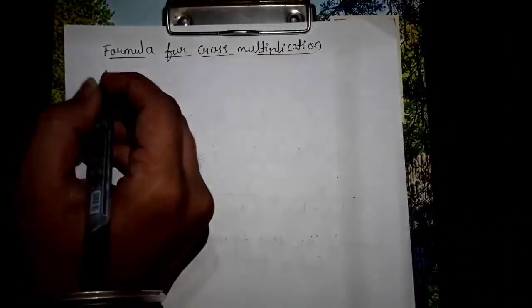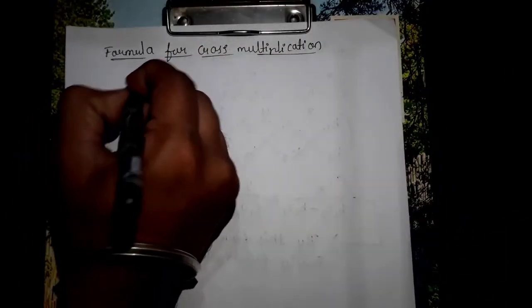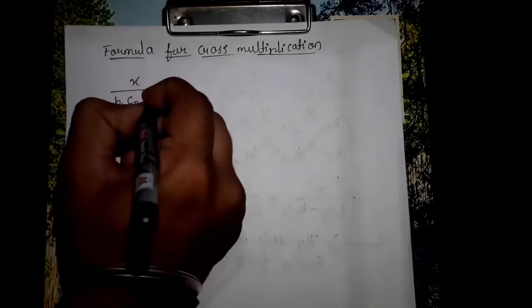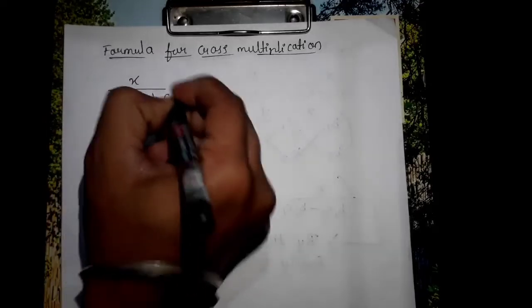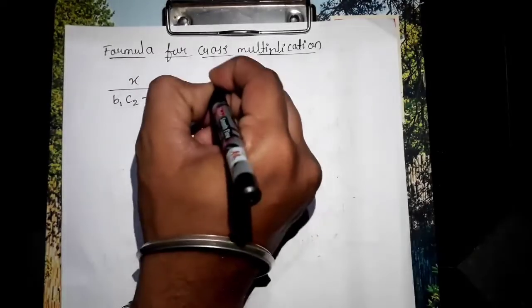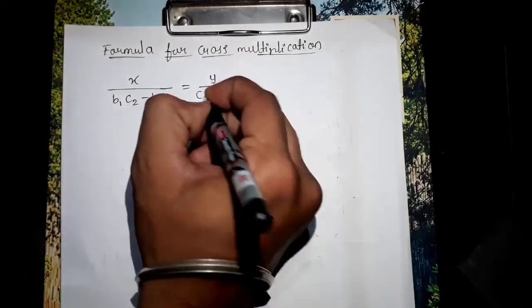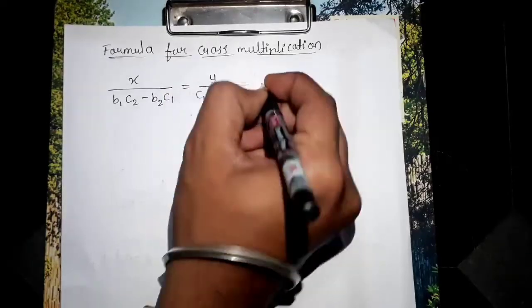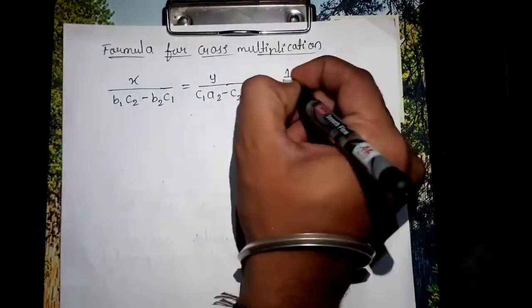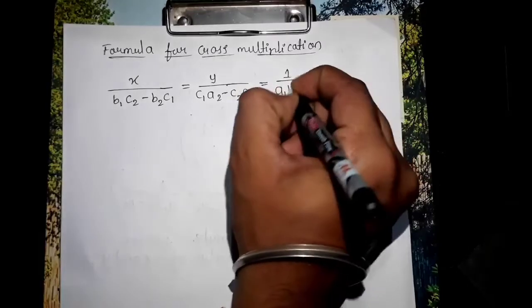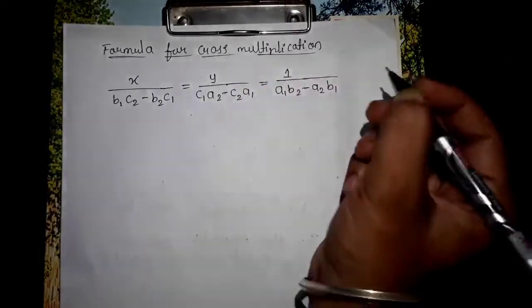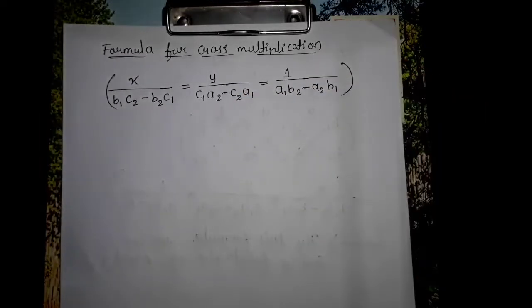The formula is as follows: x divided by b1 c2 minus b2 c1, that is equal to y divided by c1 a2 minus c2 a1, that is equal to 1 divided by a1 b2 minus a2 b1. This is the formula for cross multiplication.